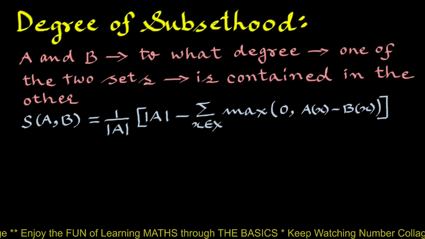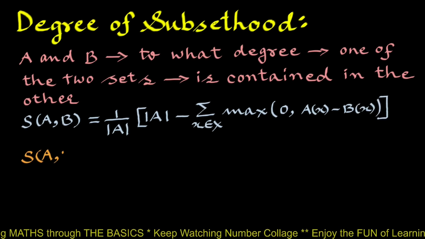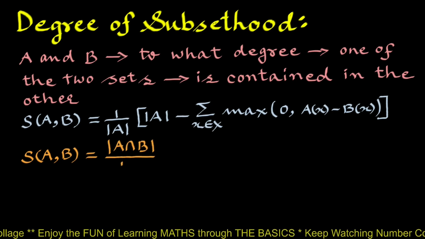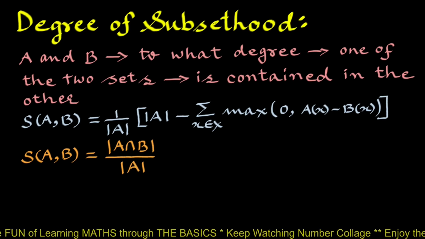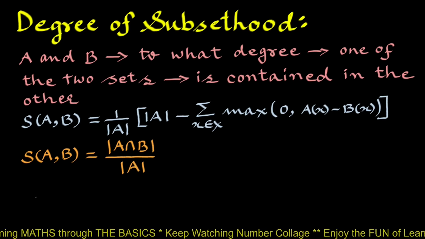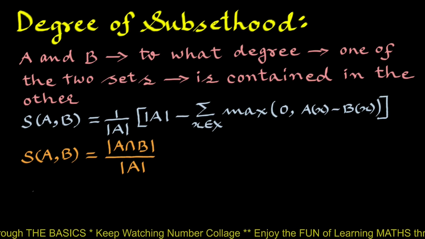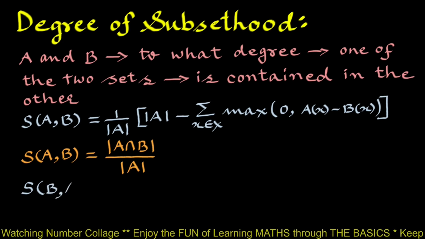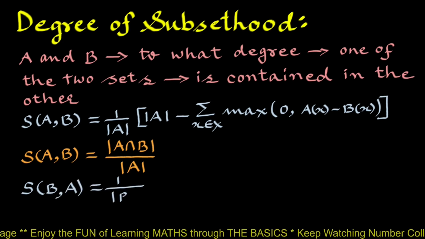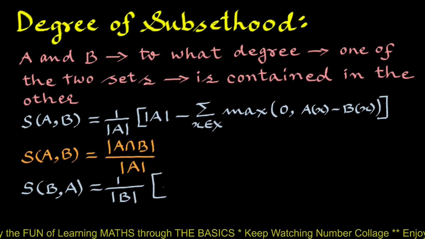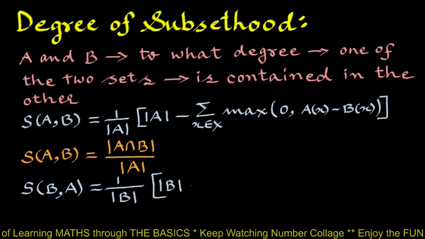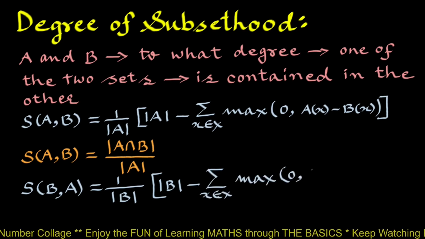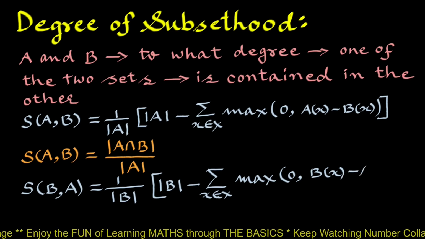This can be found by a formula S of A in B equals scalar cardinality of A intersection B upon scalar cardinality of A. Similarly, when we want to find containment of set B in A, we write it as subsethood S of B in A, which is 1 upon scalar cardinality of B into scalar cardinality of B minus summation maximum of 0 and difference B of x minus A of x.